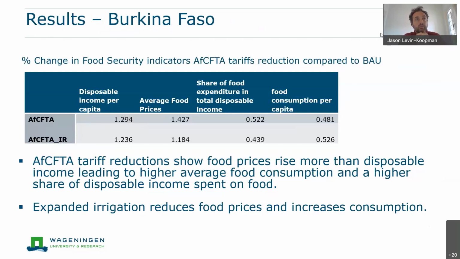This comes from the fact that the disposable income is the value of total private consumption. The total private consumption volume does increase, so this is more to do with the prices, the decrease in prices of the commodities consumed.